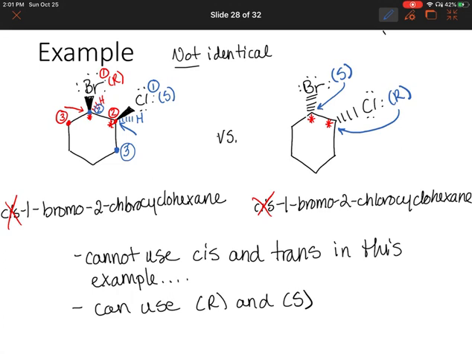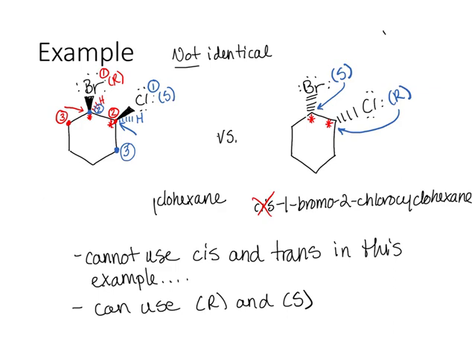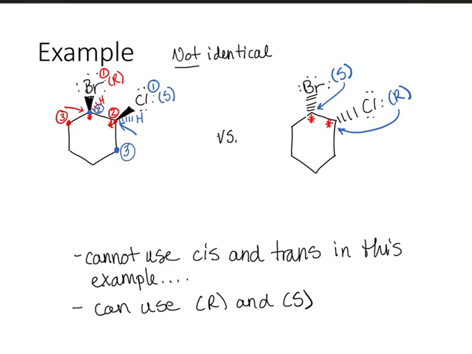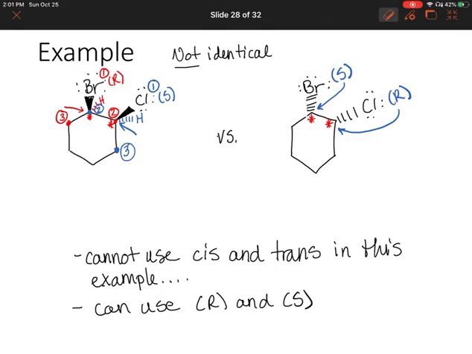Okay, so looking at the naming for these two molecules, we again can't use cis or trans because we end up with exactly the same name, but you can see that these are two different molecules. We have RS for the first molecule and SR for the second molecule.